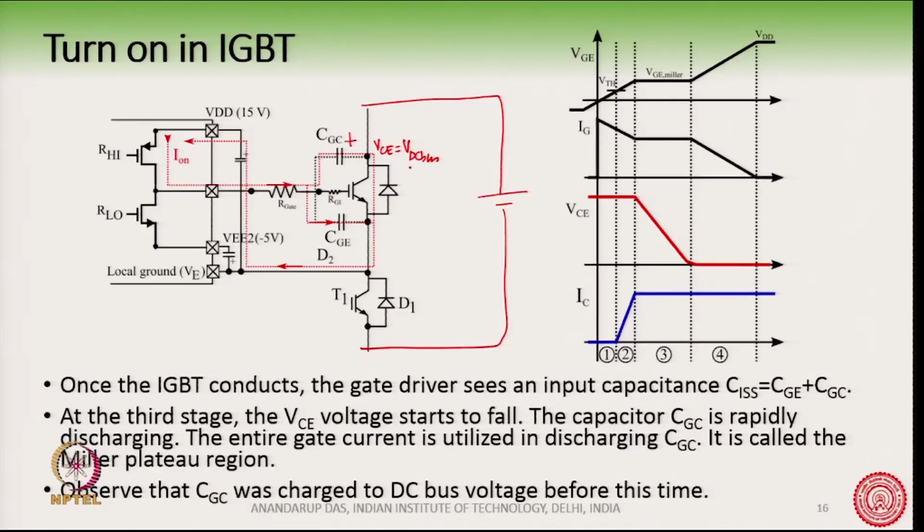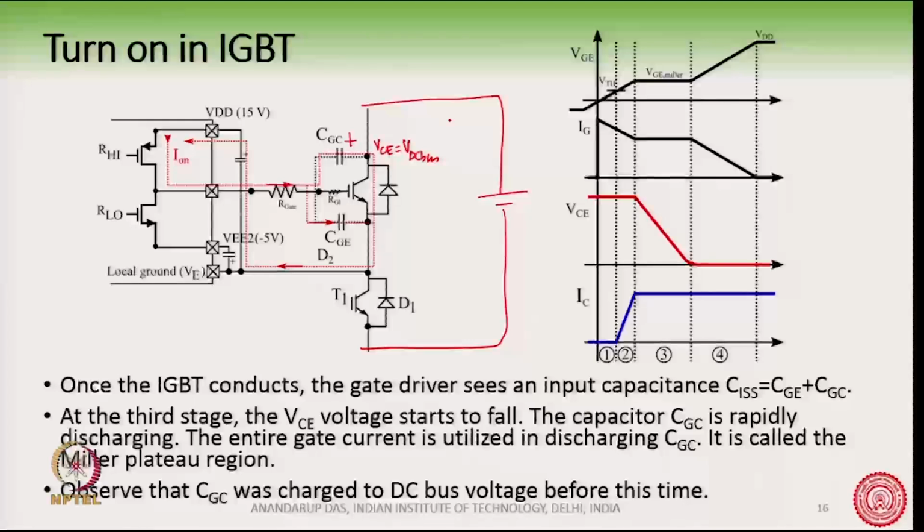If the DC bus is say 600 volts, then this point's potential is 600 volts, right. So, you can understand that this capacitor CGC has a huge voltage applied across it, and so it has a lot of charge inside it. Unless we take away that charge, we cannot fully turn the transistor on.